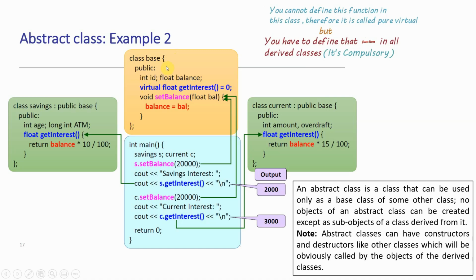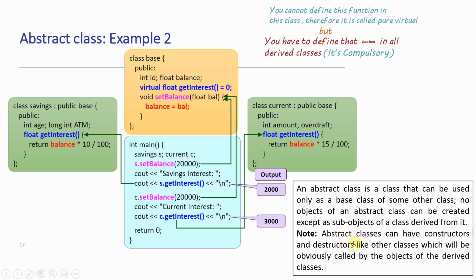What are they used for? They are going to be called by the derived objects. You remember that whenever a derived object is instantiated, it's going to call the constructor of the base, then go to the constructor of the derived. So they are called by the objects of the derived classes.